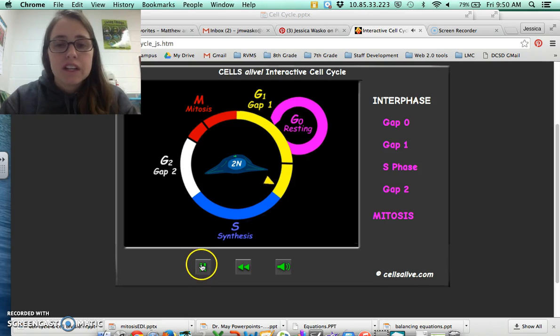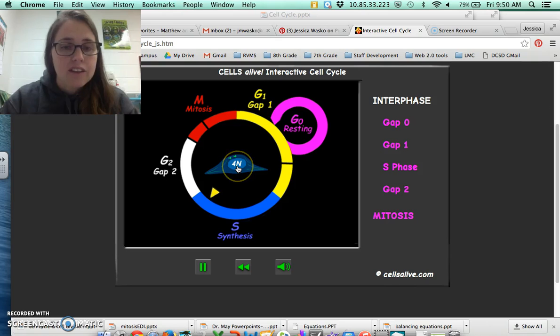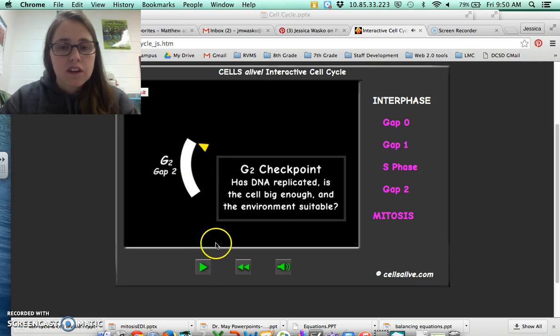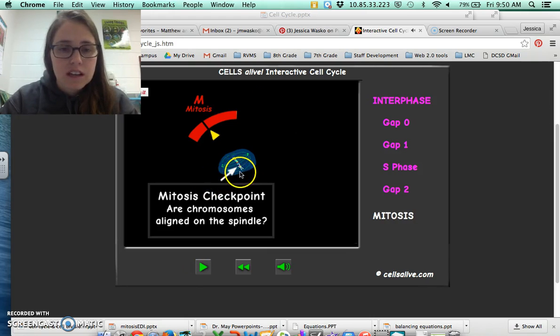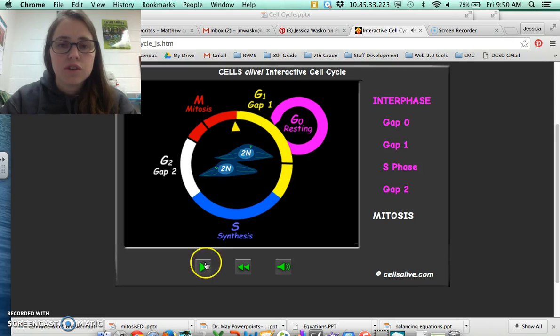Now it's dividing its DNA. Look, it now has two copies of each, and now it's growing some more, and now it's going to go through mitosis. See how it's dividing them up, and we are going to get our two new nuclei, and now we go through cytokinesis and split those two in half.